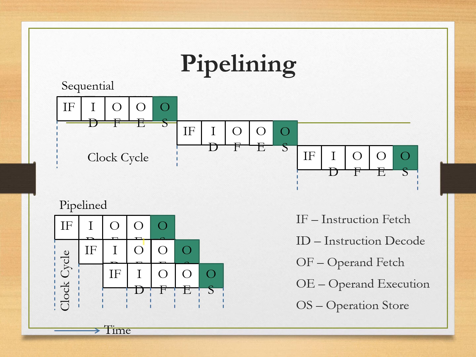Currently, I've been informed that there are up to 17 pipeline stages in current processors. The more pipeline stages available in a processor means the more instructions executed within one clock cycle.